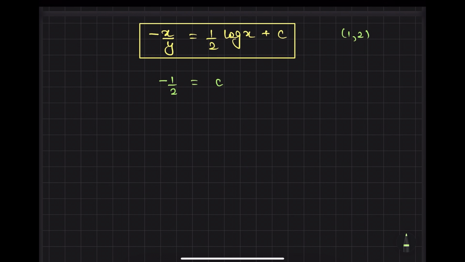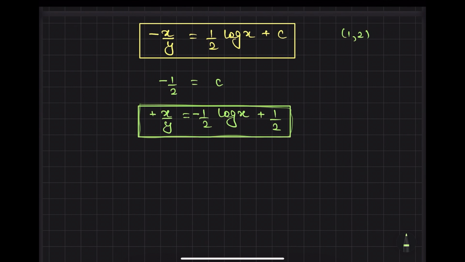So the required function becomes minus of x by y is equal to 1 by 2 log x minus 1 by 2, or you can multiply both sides by minus. So we got the proper function we have.